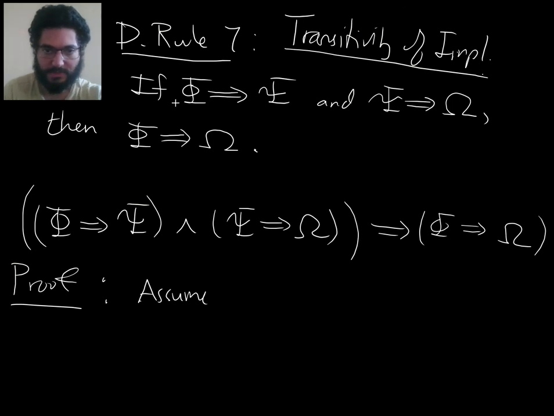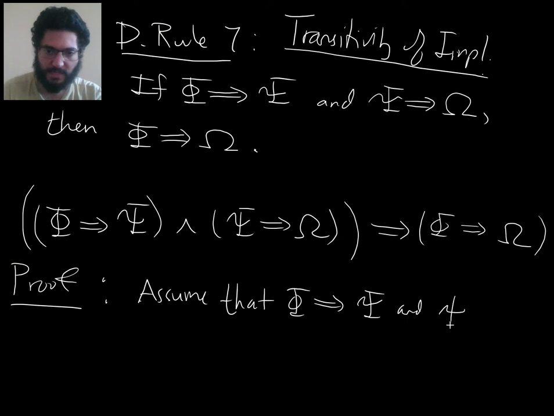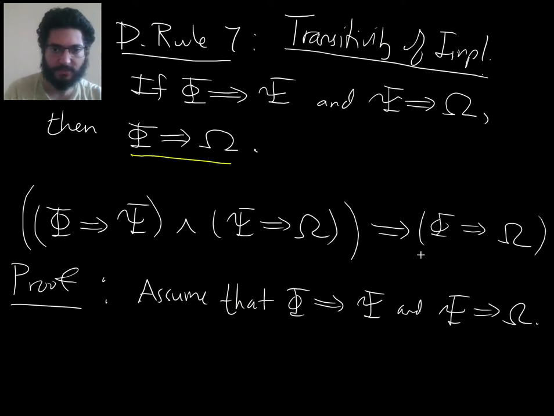So assume that phi implies psi, and psi implies omega. And now my goal is to prove the conclusion of the overall implication, this, also known as this. So that's the goal. And let me keep that.